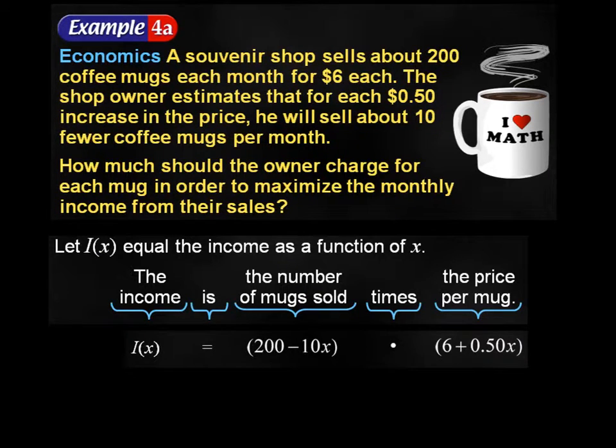The income, they called I of x, equals the number of mugs sold, which they said would start at 200 and drop 10 for each increase, times the price of the mug, which was $6, and you're talking about increasing it 50 cents.